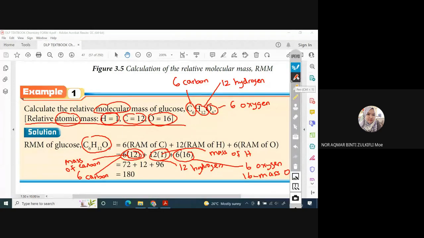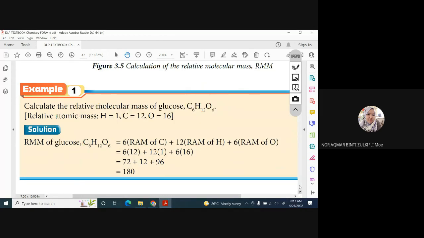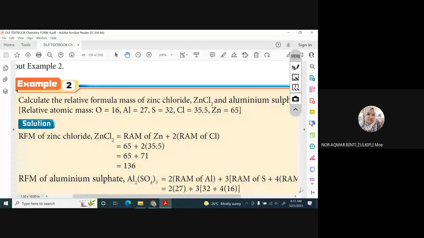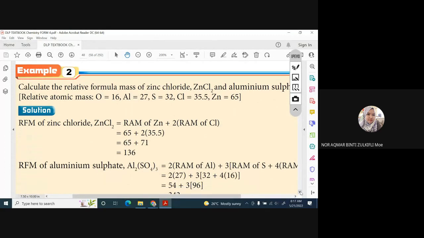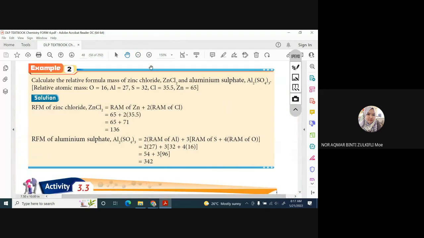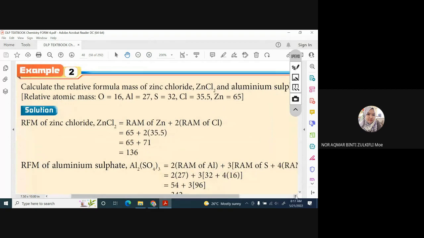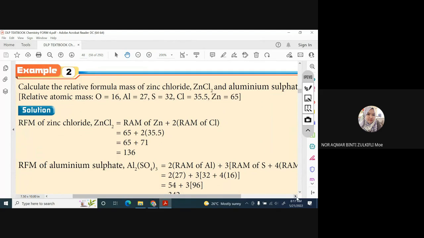This is very simple, example 1, right? Still simple. Now we look into more complicated questions. Example number 2, calculate the relative formula mass.